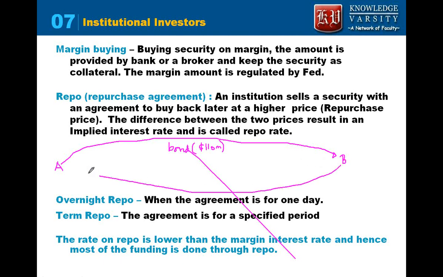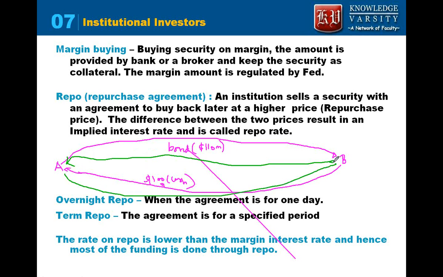So B will provide A with $100 million of cash. A has agreed to purchase back the bond at a later date for a higher price. So A will say, I will get back the bond and I will pay you, let's say, $100.5 million after 1 month.